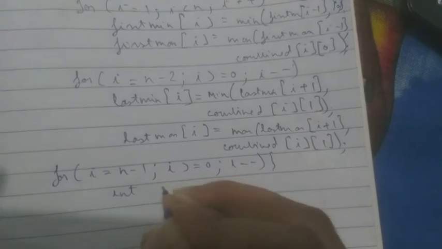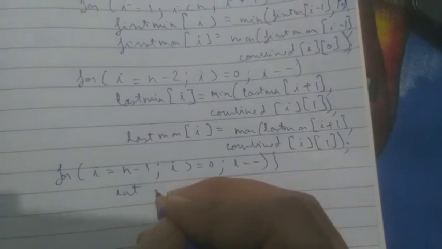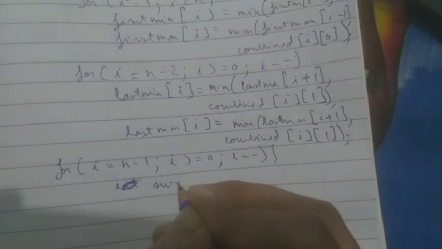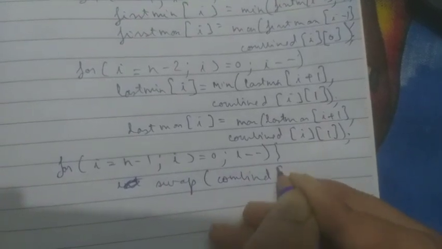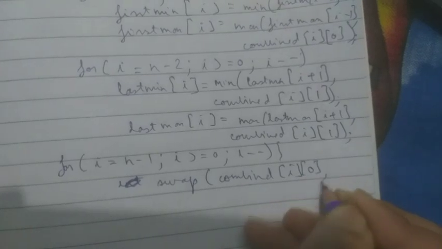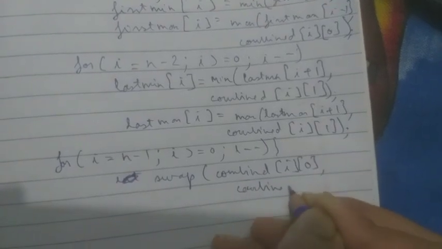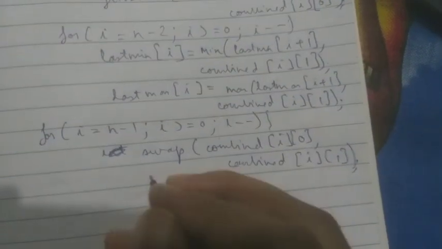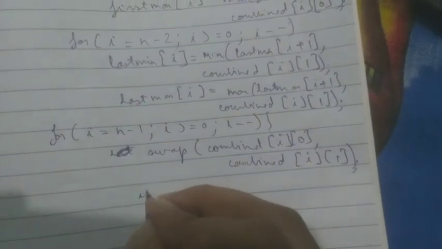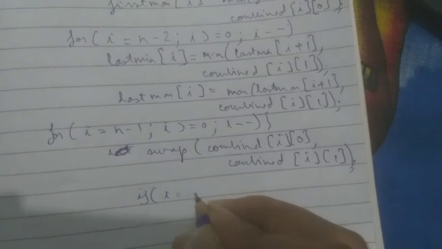So let's say int, we are going to swap. First of all we are going to swap combined I comma 0 and combined I comma 1.